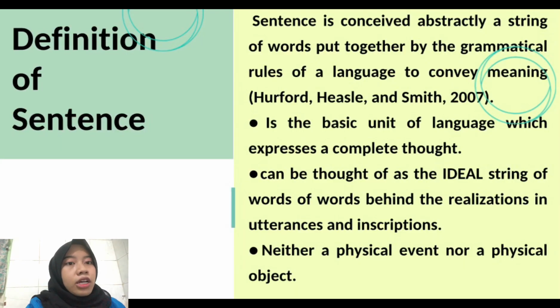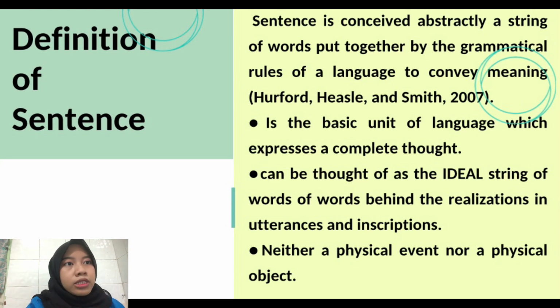The definition of sentence is conceived abstractly, a string of words put together by the grammatical rules of a language to convey meaning, by Hurford, Heasley and Smith 2007. It is the basic unit of language which expresses a complete thought.